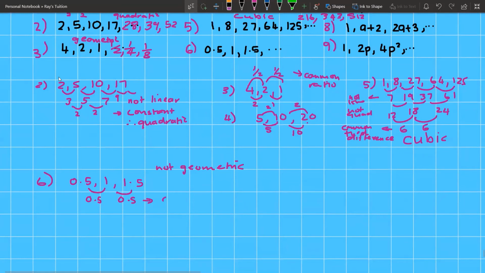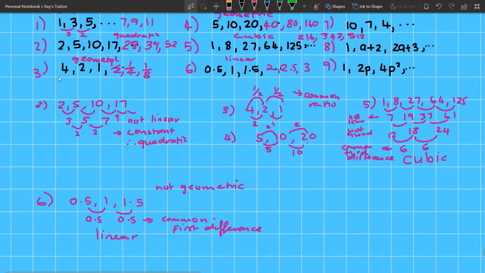So it has a common first difference, which makes it linear. And if it is linear, then we add the common difference to get our next term. So this is a linear pattern. So what we're going to have is 2, and then 2.5, and then 3. We're adding half each time.